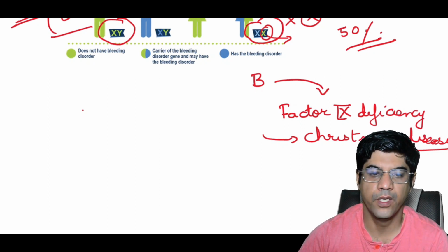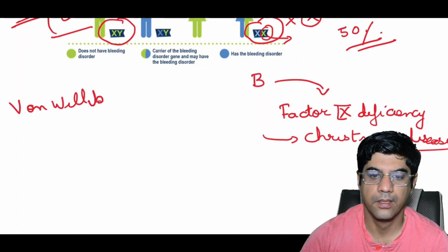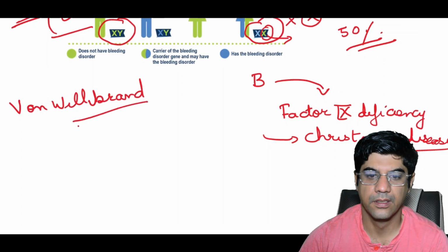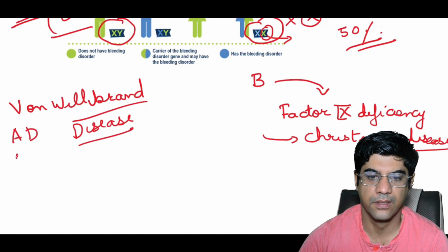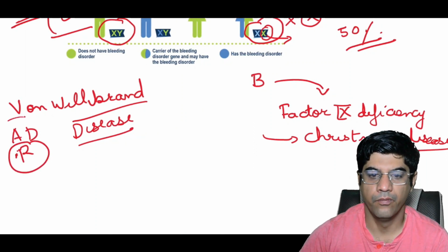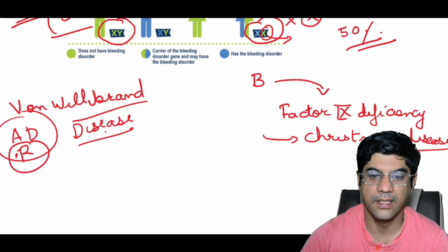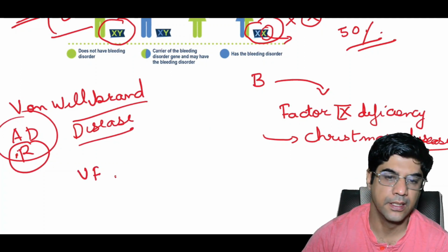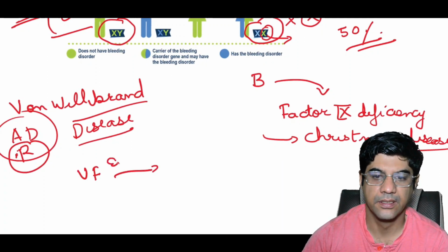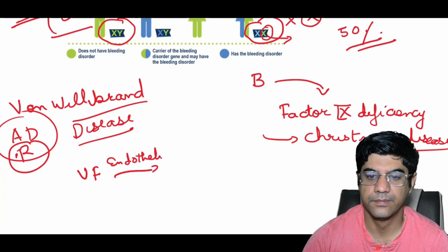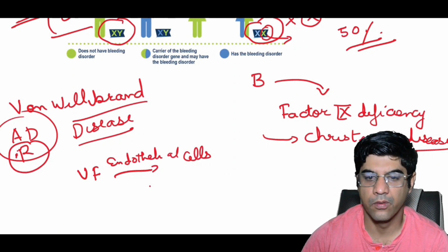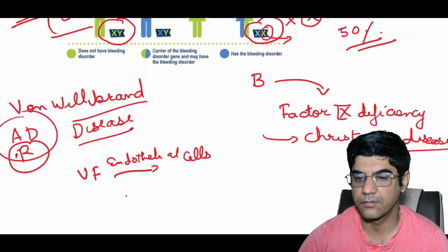The third one is von Willebrand disease. It can be either autosomal dominant or recessive. So we know the von Willebrand factor is synthesized by the endothelial cells and the megakaryocytes. It serves two primary functions.